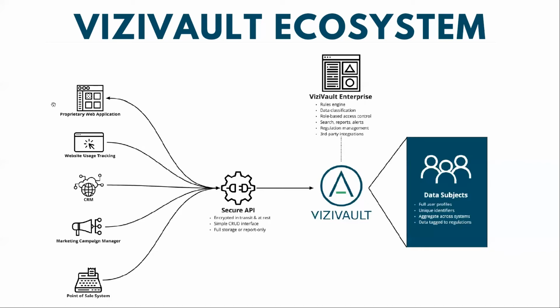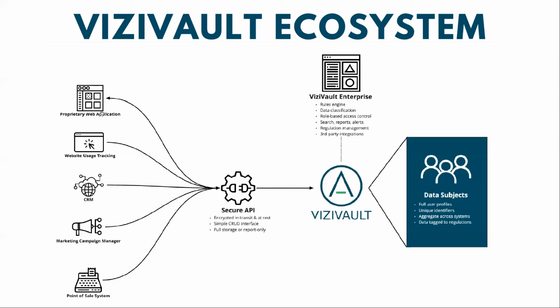So what you're looking at here, on the left, are example systems an organization may have. The primary use case for ViziVault here is an organization's proprietary web application. It is an API-driven product, so it's meant to be interfaced within an application.